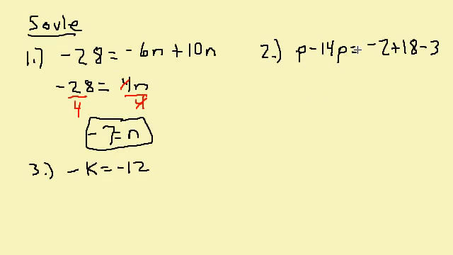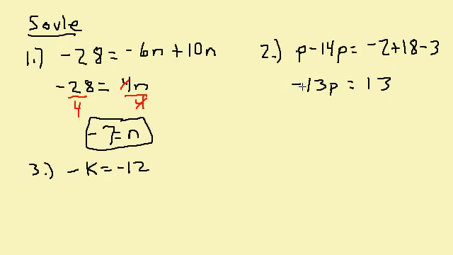We want to combine like terms. So we have like terms over here, p minus 14p. So that's going to give us negative 13p equals, and then we have negative 2 plus 18 is 16. 16 minus 3 is 13.